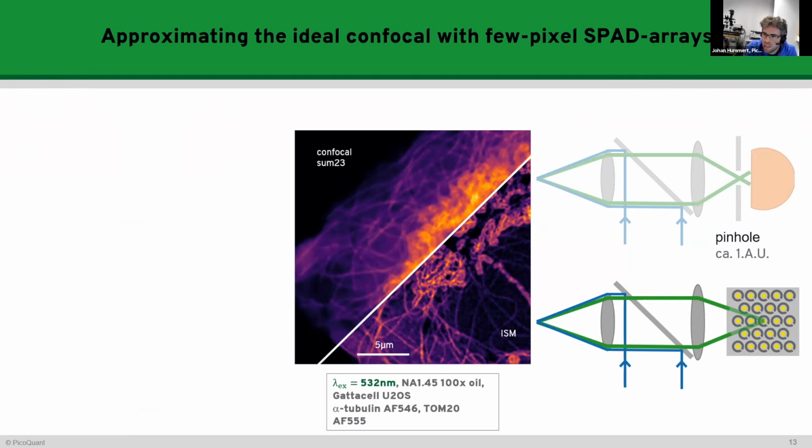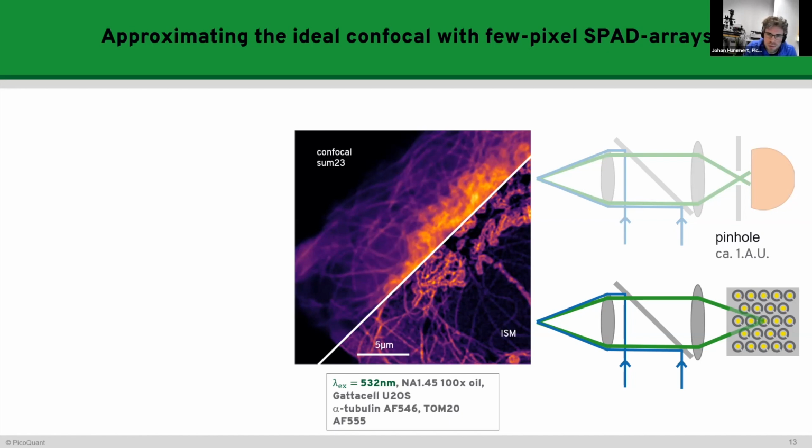And that means the pixelated detector in this case has the size of approximately 1 airy unit, so similar to what the confocal pinhole would typically be, meaning that we collect all the light collected in a confocal microscope, but the pixelated detector gives us additional spatial information.